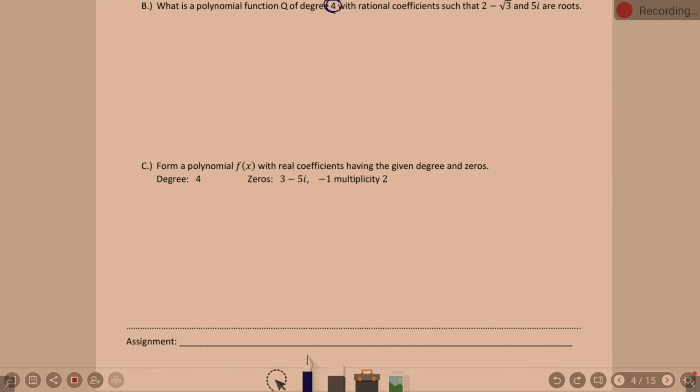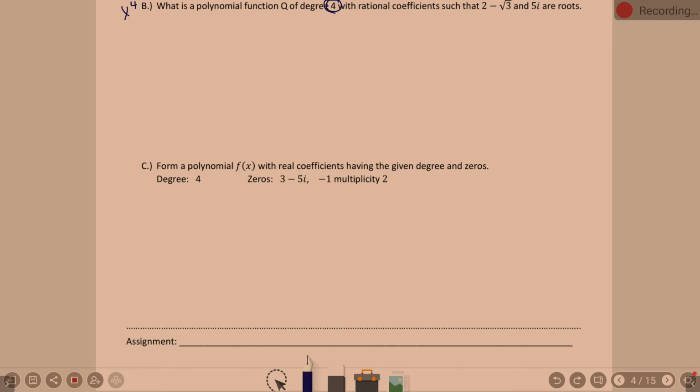Degree 4 means we need 4 roots; this is going to end up being x to the 4th. But I need 4 factors to multiply, and they only gave me 2 sets of information.